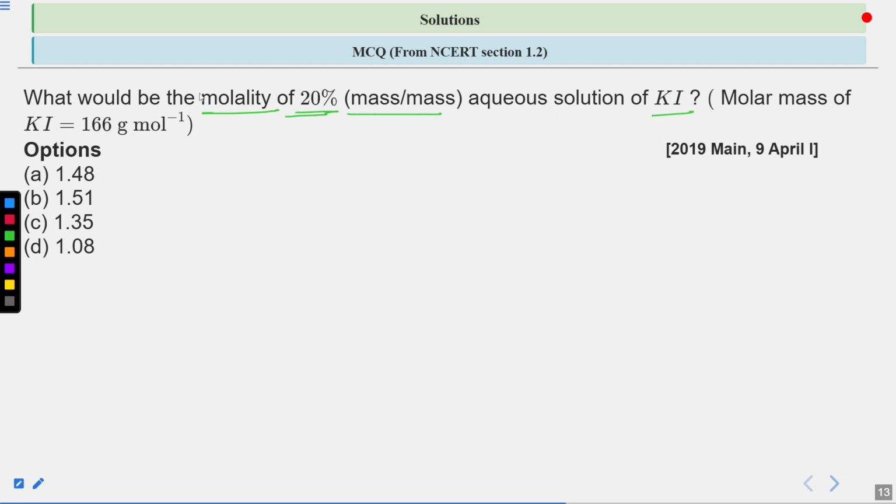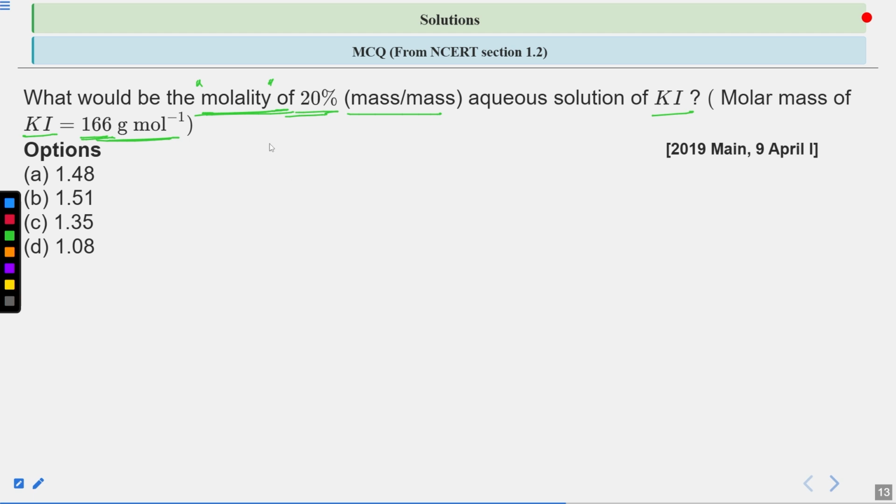So we have to identify the molality for a solution which is 20% mass by mass for potassium iodide. We are also given the molar mass of potassium iodide, which is 166 grams per mole. So you have to identify the molality.